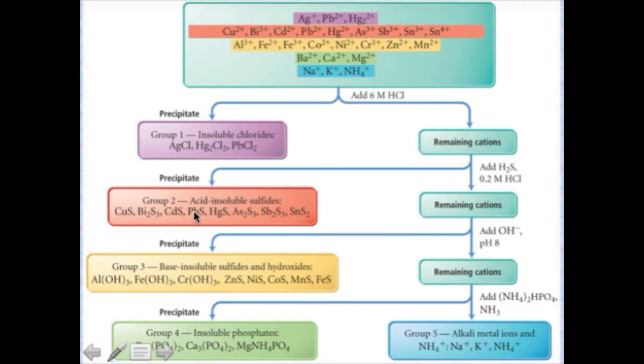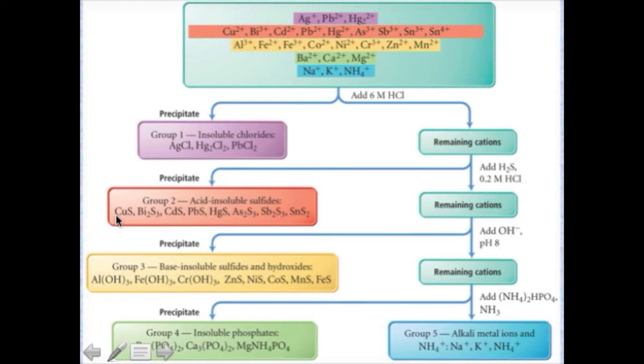The second group contains the very, very, very, very insoluble sulfides. Copper sulfide, bismuth sulfide, cadmium sulfide, lead sulfide, etc. And what you do is you add a reagent that generates hydrogen sulfide, but you do that in a 0.2 molar solution of hydrochloric acid. And what that does is to limit the concentration of sulfide ions.